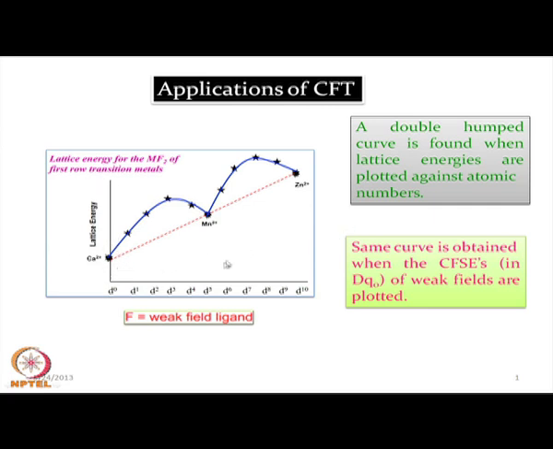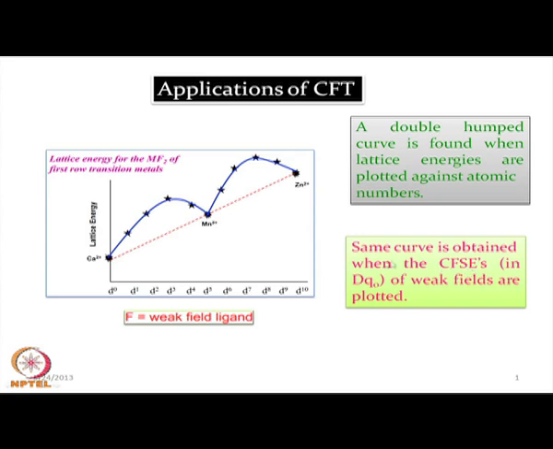Whatever lattice energy contribution we are getting for the entire solid structure, this particular part, which is above this red dotted line, the double humped curve, we can also get, since we have the calculations in our hand for all the d electron configurations. We have calculated the CFSEs so far for both the high spin and the low spin configurations.